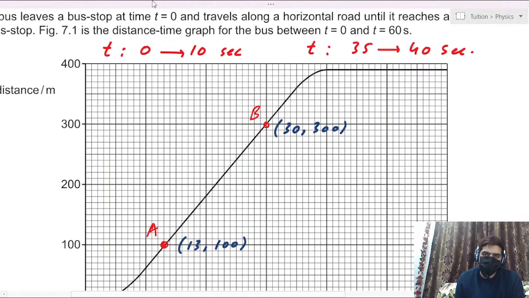The first value represents the value of x, and the second value represents the value of y: x1, y1, and you can call this one x2, y2. Now let us apply the formula of gradient.